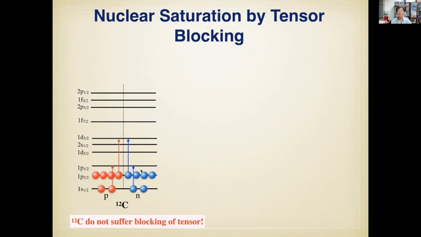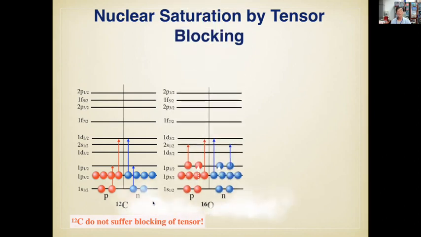This is exactly what occurred in helium-4. Now, if you have P3/2 nucleons, then they are excited to D3/2. So this is the main excitation mode that gives the largest binding from tensor interaction. So essentially, in carbon-12, all nucleons can contribute to tensor interactions.